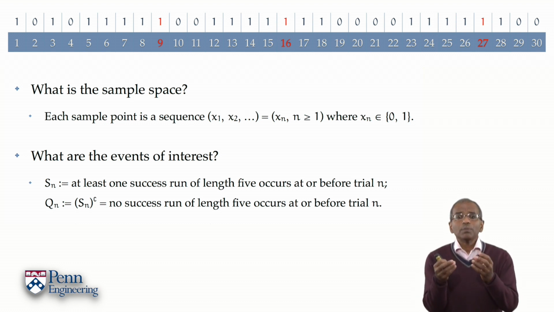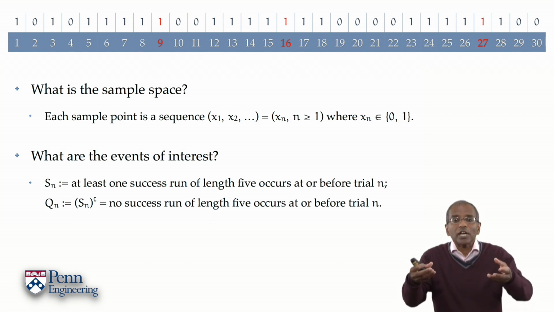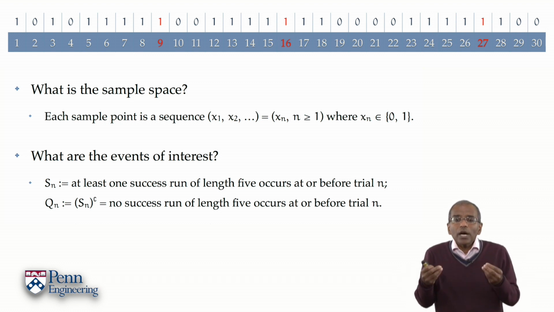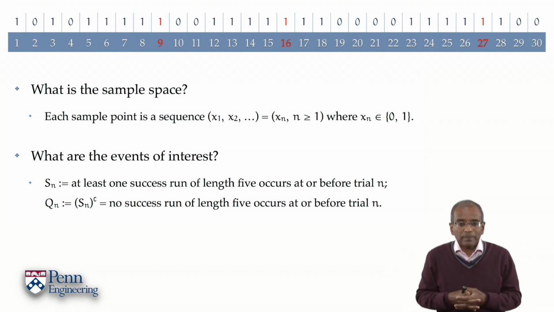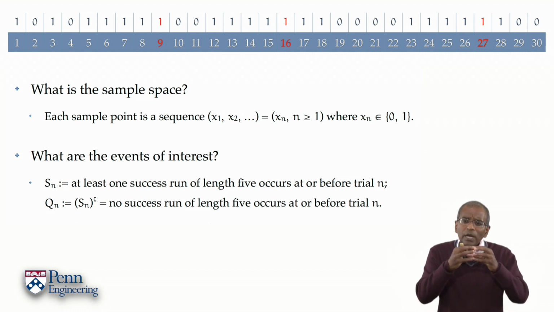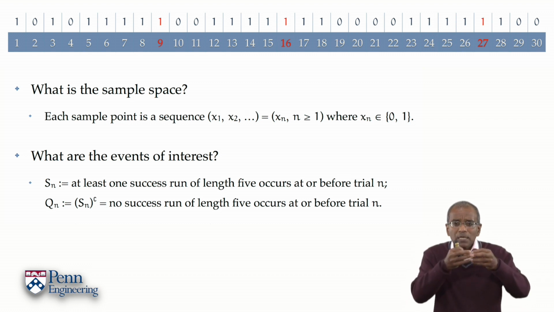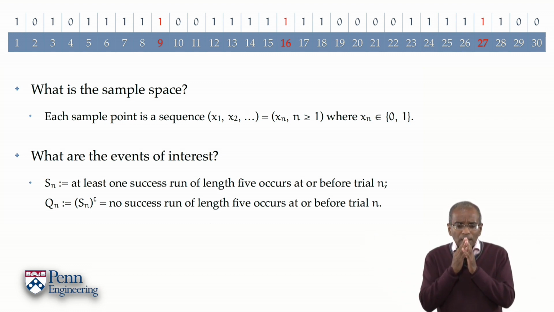Naturally, we will try to break this task up into simple pieces, partition it so that the individual pieces become transparent and we can glue things together. In other words, we're going to try to use additivity by finding proper partitions of the space. A little thought will tell us that we are worrying about sequences of 5 heads, 5 successes, somewhere in the sequence.